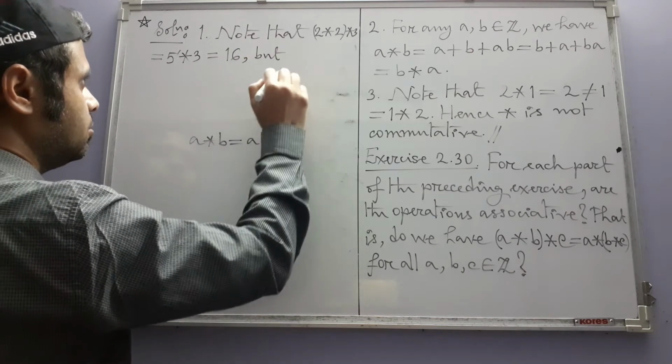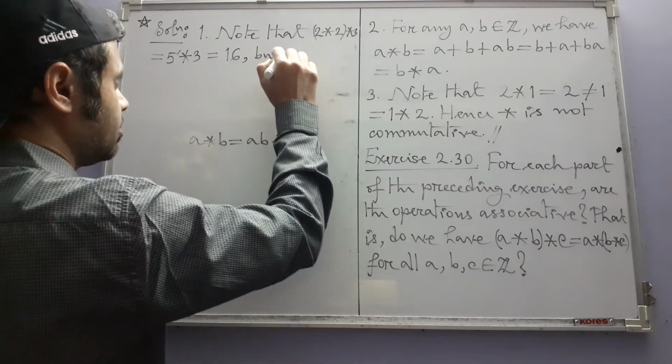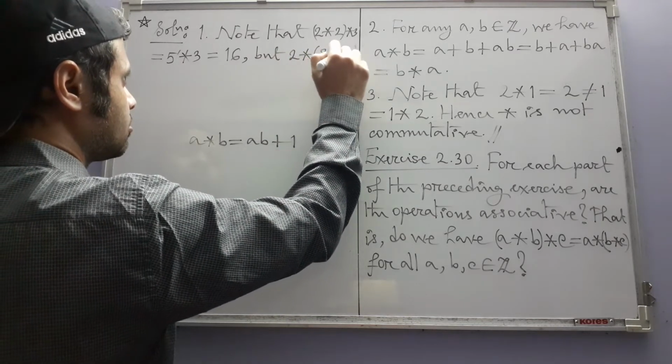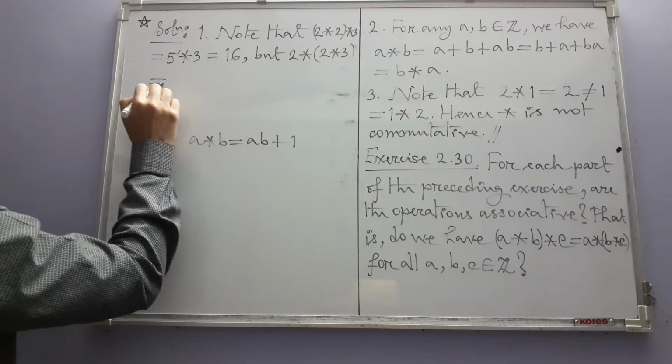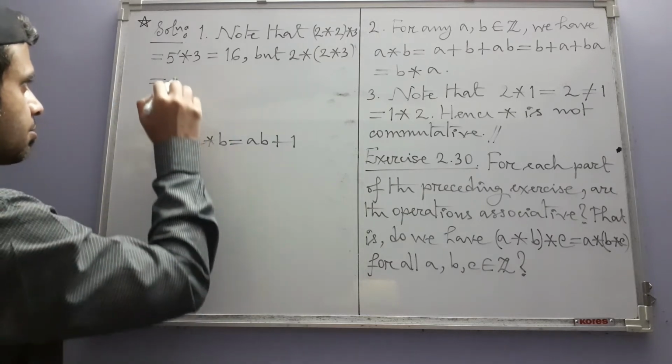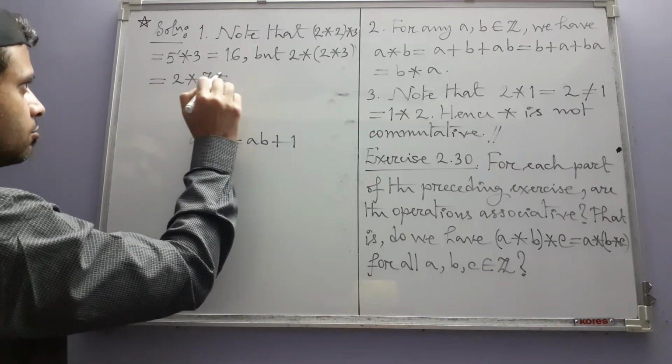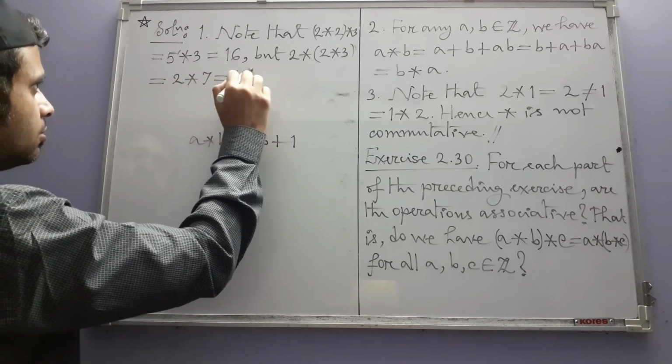But if we on the other hand calculate this, then 2 times 3 is 6, 6 plus 1 is 7, 14 plus 1 is 15.